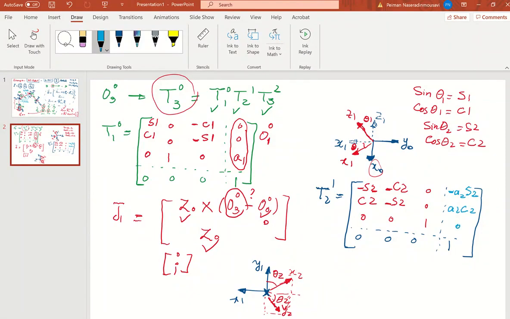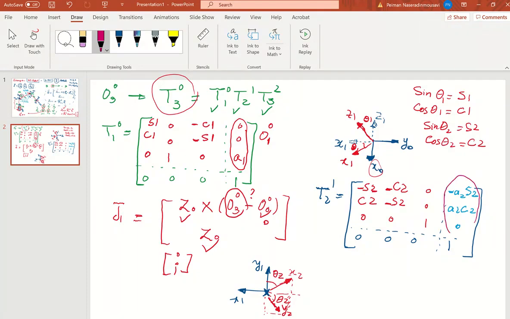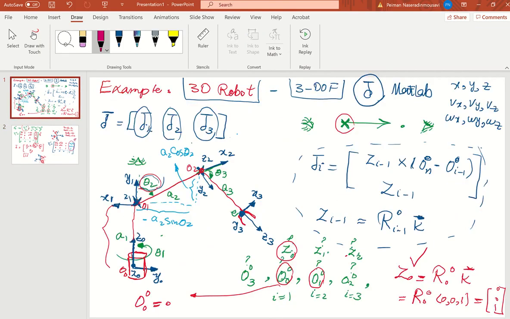Understand? Now, look here, guys. What is this? This is 0,1 with respect to 0. We found that. Bingo. We found this.